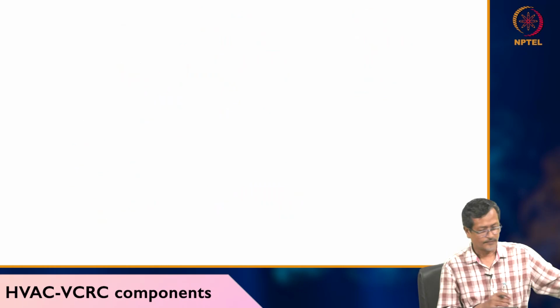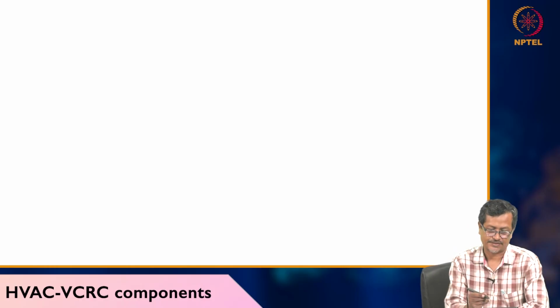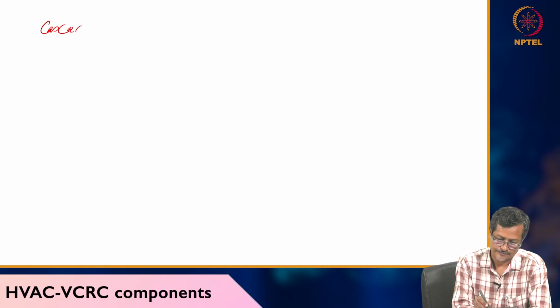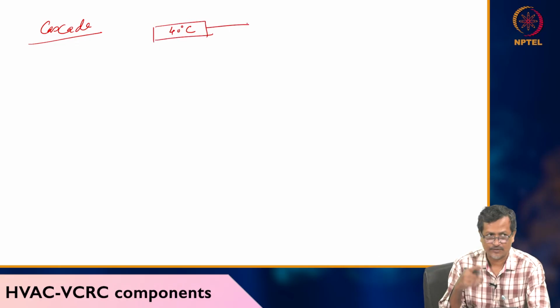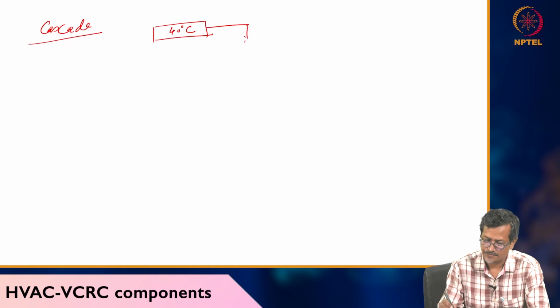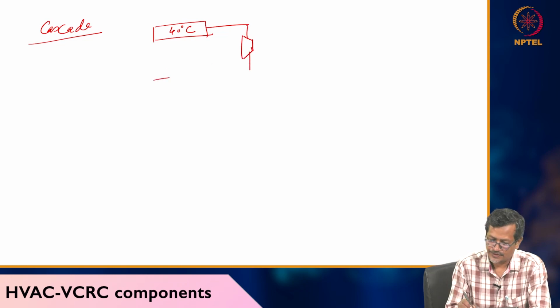Another topic is the cascade system. In a cascade system two fluids are separated, say with a condenser temperature of 40 degrees centigrade. Condensing happens at constant pressure and constant temperature, and we have one compressor system. Compression happens here, then it goes to a heat exchanger, the throttle valve is here.